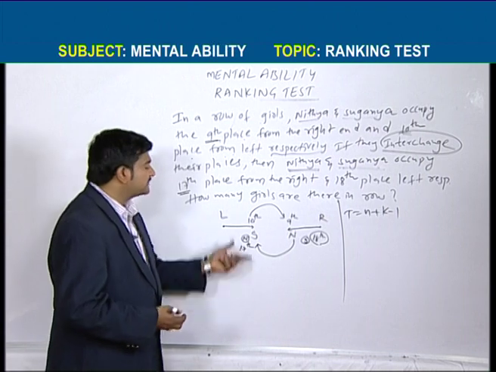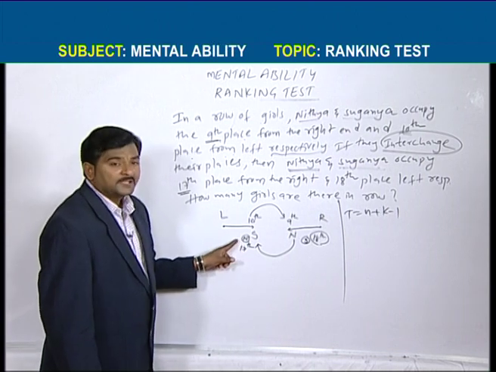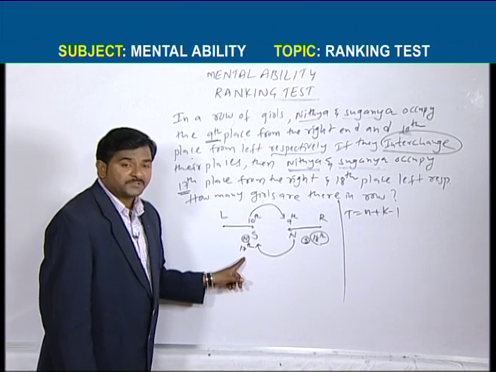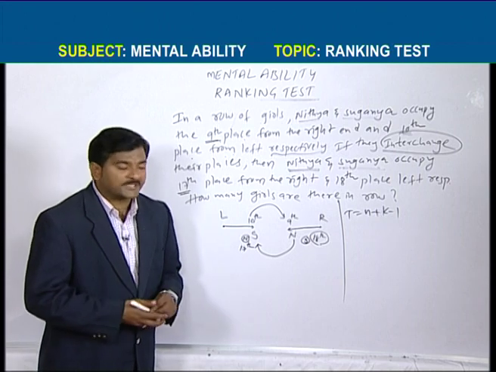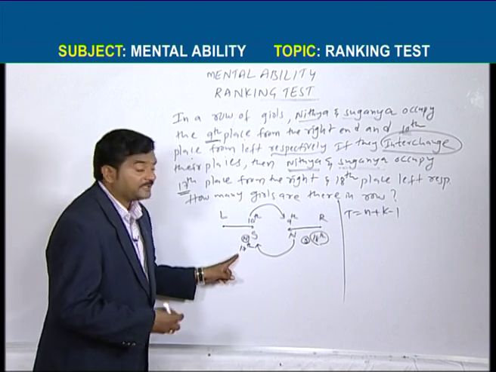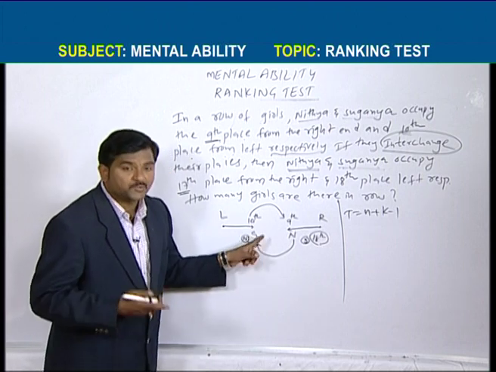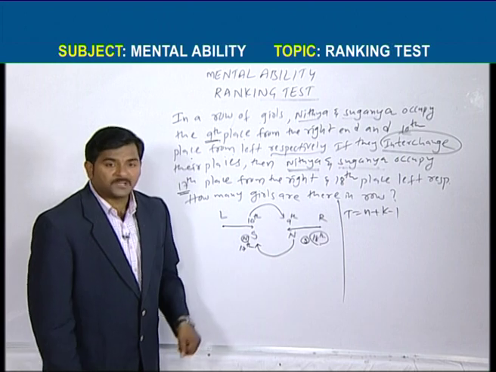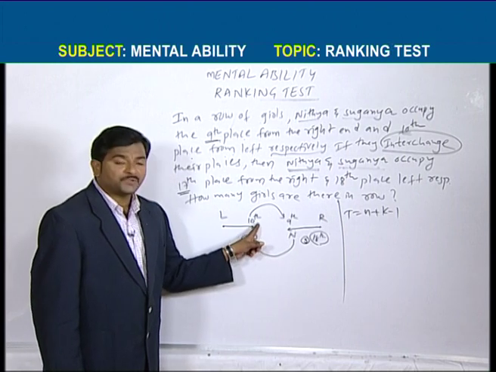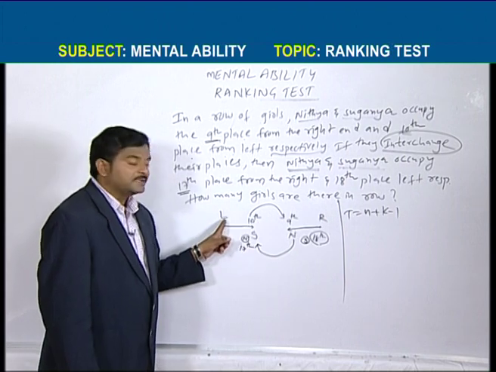Or else, see the left side concept. Now who is there here? Nitya is there. What is Nitya's position? 17th, from the right. But Nitya's present position is equal to whose previous position? Suganya's position. Suganya occupies which position? 10th place from the left side.